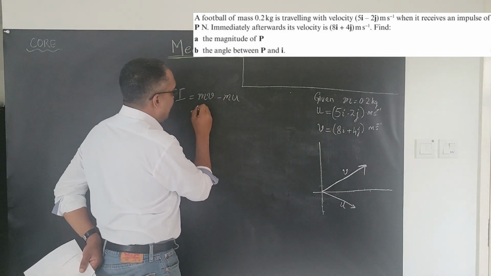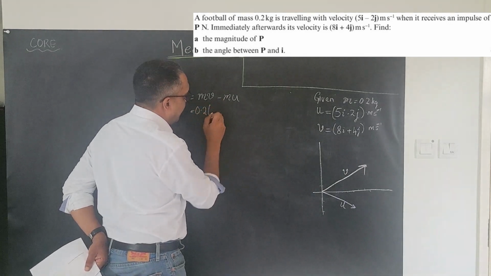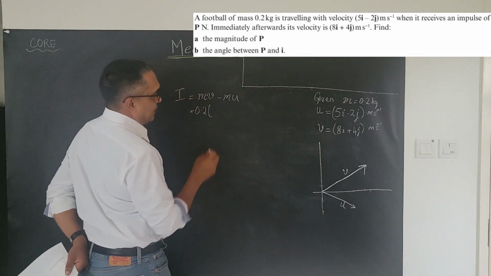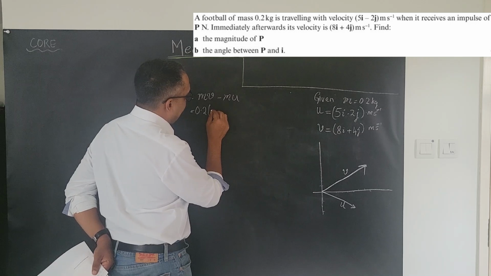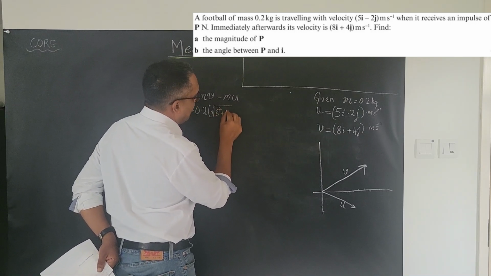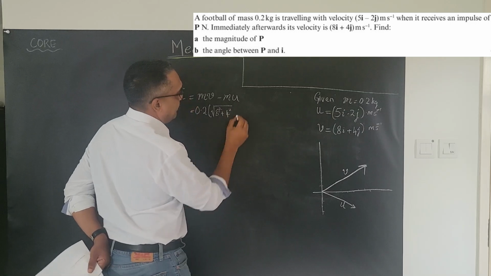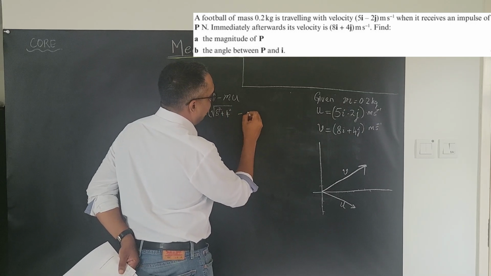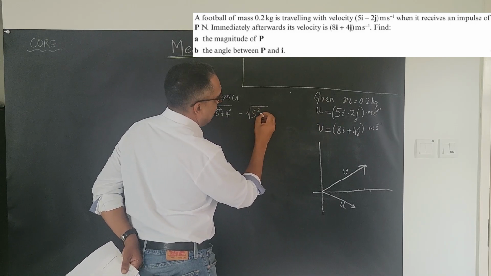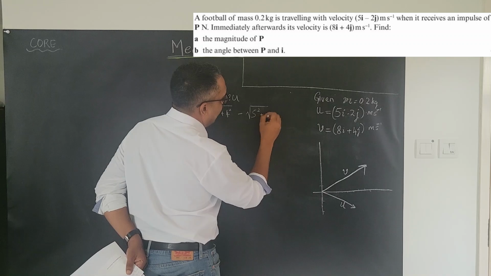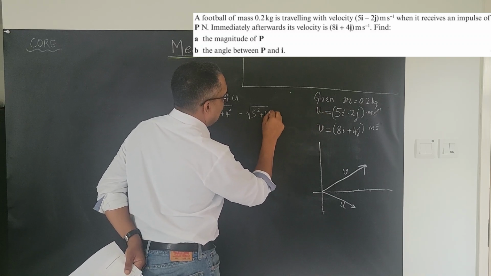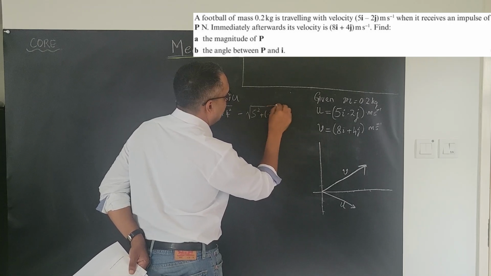Mass is common, so I'm going to write 0.2 times, and the magnitude of v is the square root of 8 squared plus 4 squared, right? Minus the magnitude of u, which is 5 squared plus negative 2 squared.